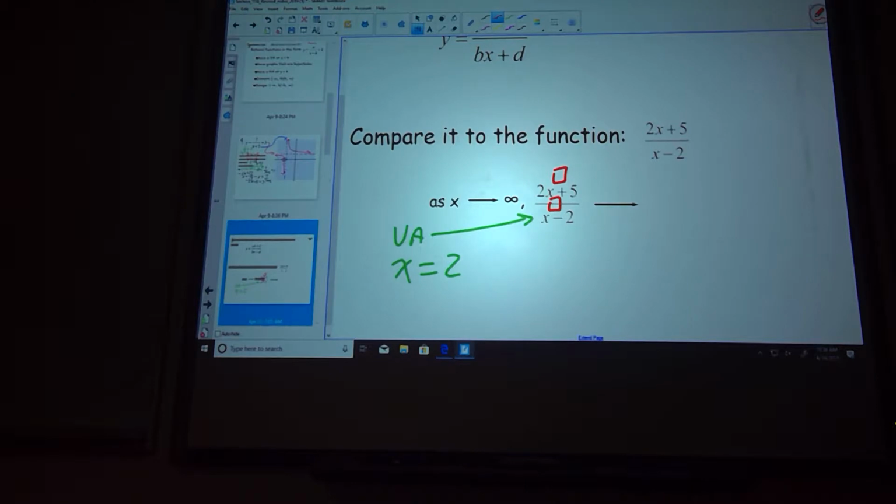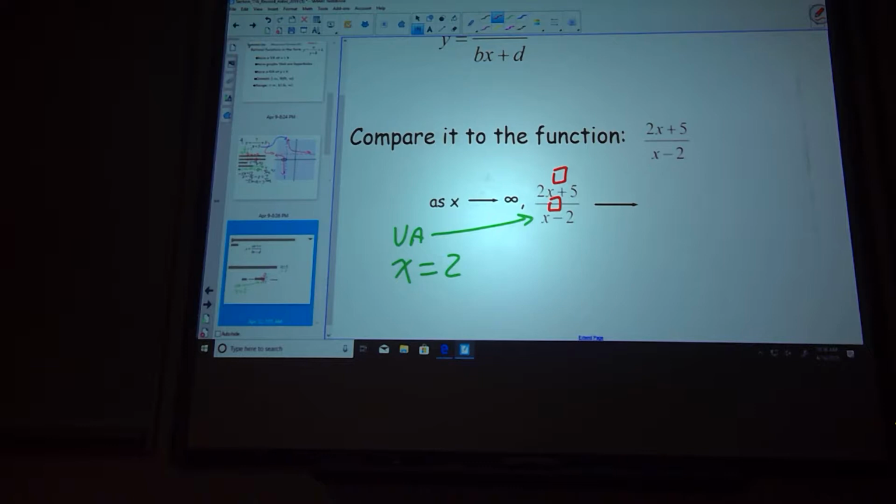All right, what is the exponent on the top where I have the red box? Is it to the 0, or is it to the first, or is it to the 10th? First. What's the exponent on the bottom? 1. So would you agree with me that the exponent on top and the exponent on bottom are the same? Yes.